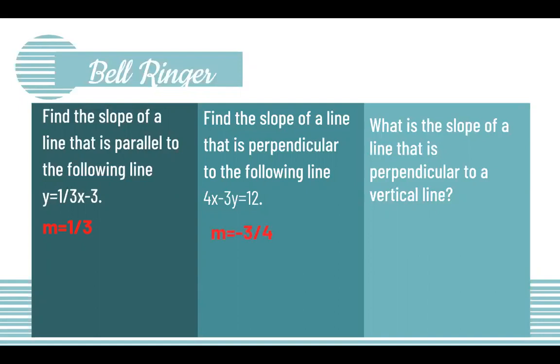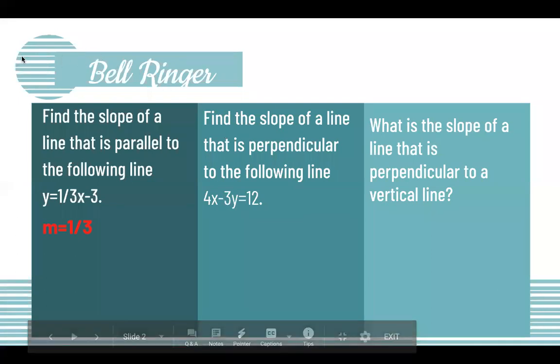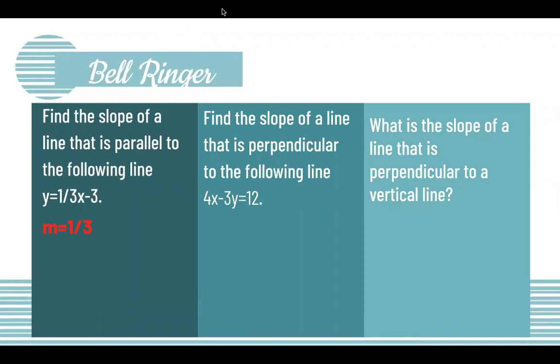The slope is m equals negative 3/4, and we can solve for that by first solving for y. We can do that by subtracting 4x over. You have to do what you do to one side to the other. And so then we'll have negative 3y equals 12.